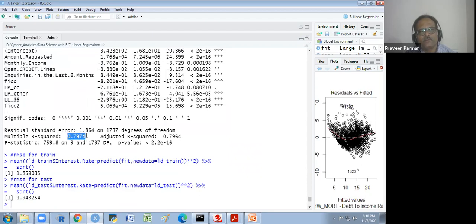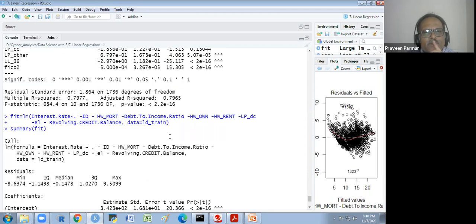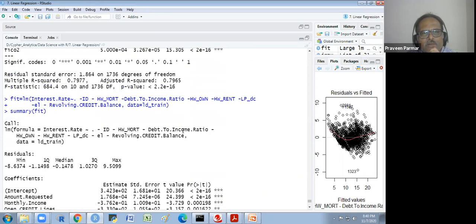R square decreased a little bit. Multiple R square and adjusted R square 7964 here, and here it is 7965. So not much difference there. Correct?